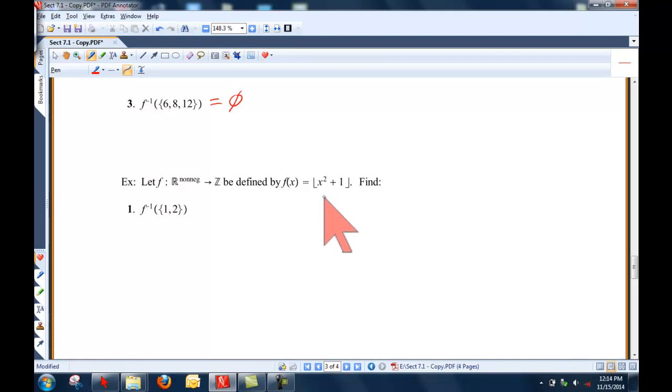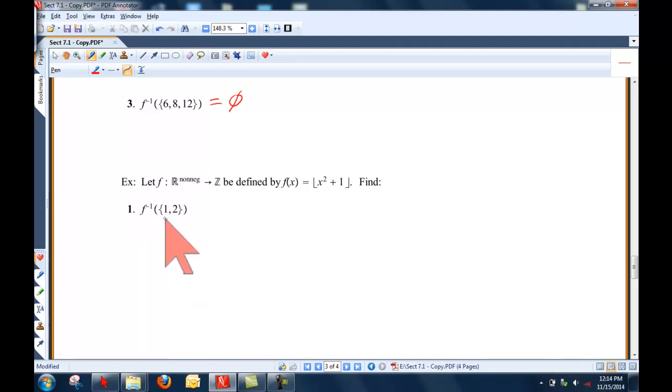Let's see about the inverse image of {1, 2}. So what does this mean again? This is all of the non-negative real numbers, which when I put them in this function, I either get 1 or I get 2. Okay, so I can do this separately actually.